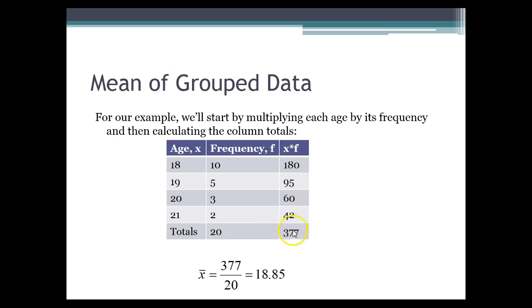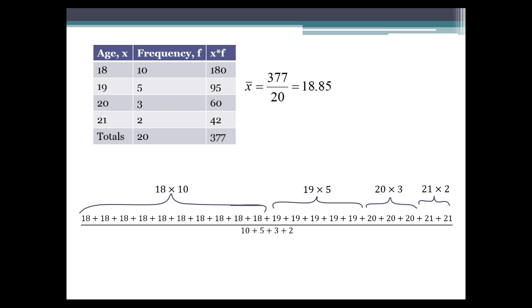Add up both of those columns, and then we divide the total X times F divided by the total F, the total frequencies, and we get 18.85. Okay? So that's how that formula works.